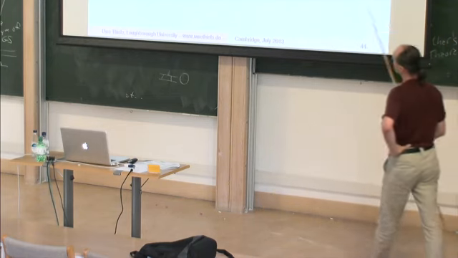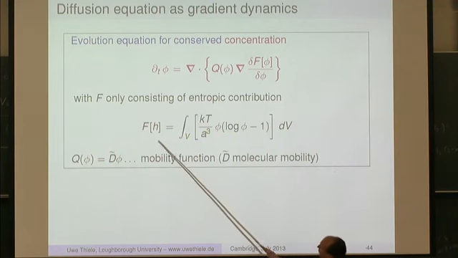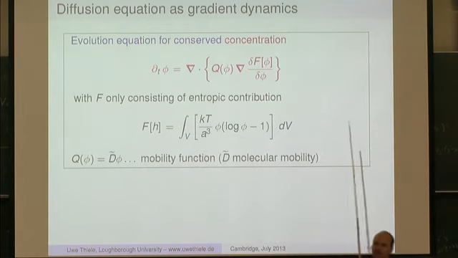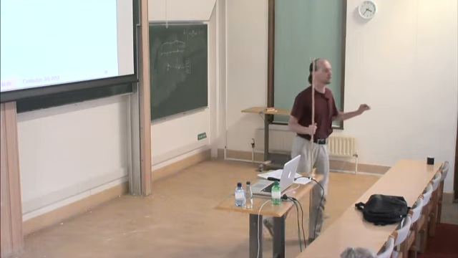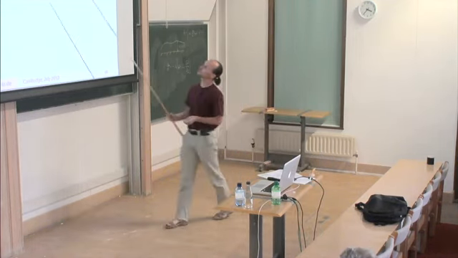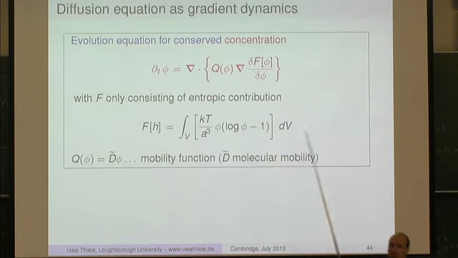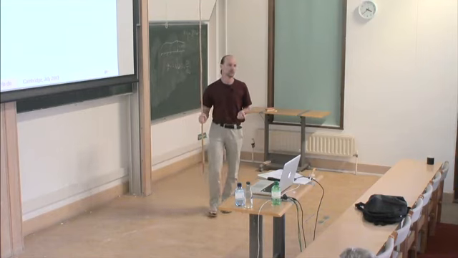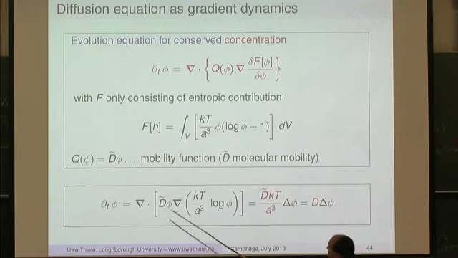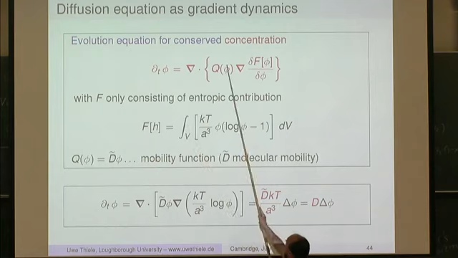So what you should do, you should write down the energy functional that just has an entropic term, phi log phi, that just assumes you have a low concentration solute in your film, right? That's the free energy you would write down. And then you need to decide what is the Q you have to pick to recover the diffusion equation, right? And you have to pick a linear term in phi. So you would say d tilde is a molecular mobility times phi gives me this mobility here.